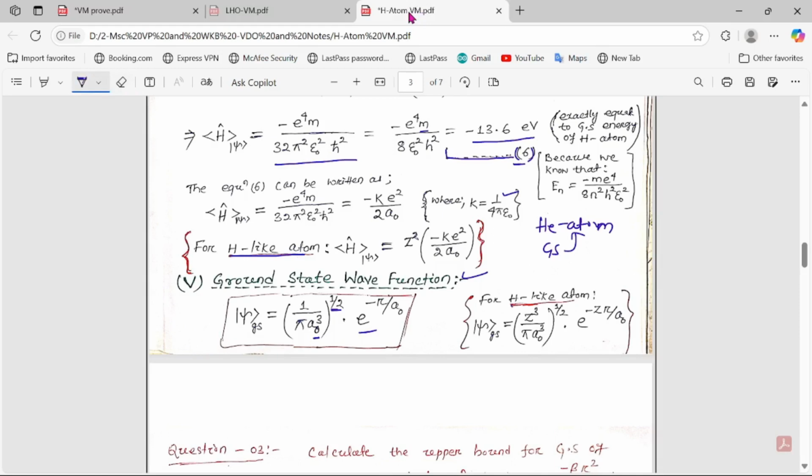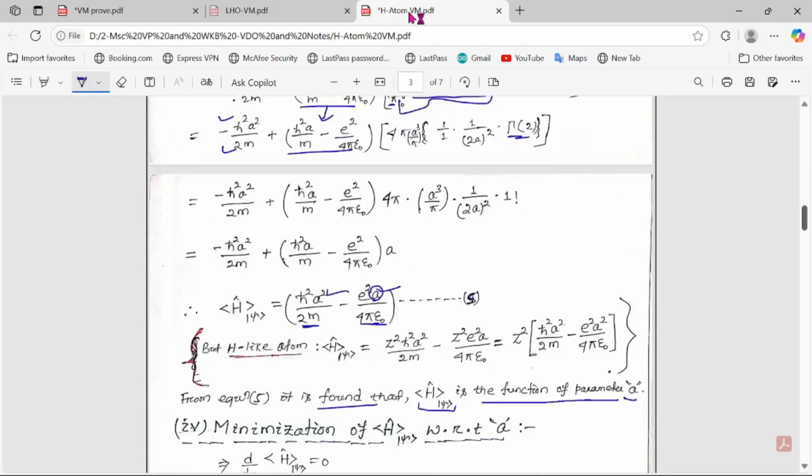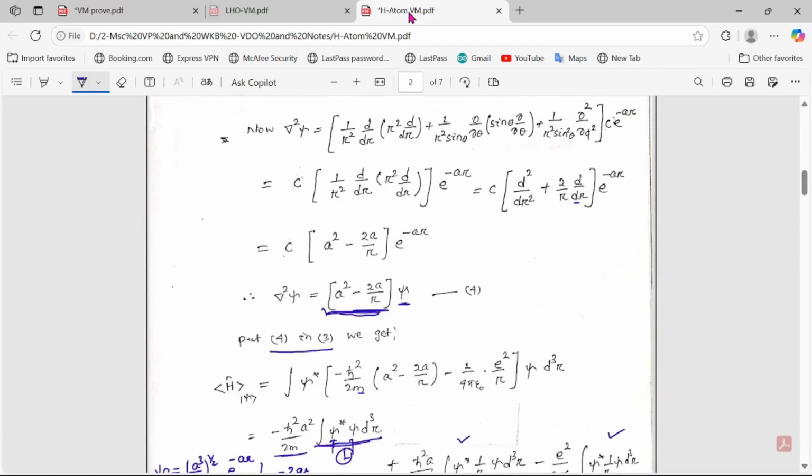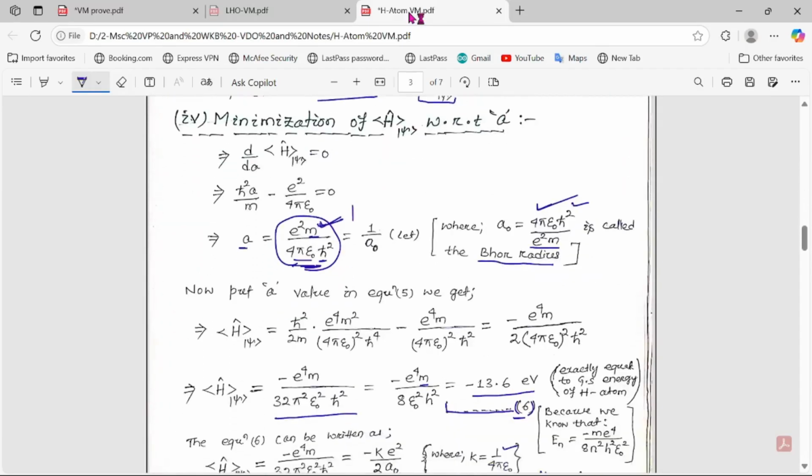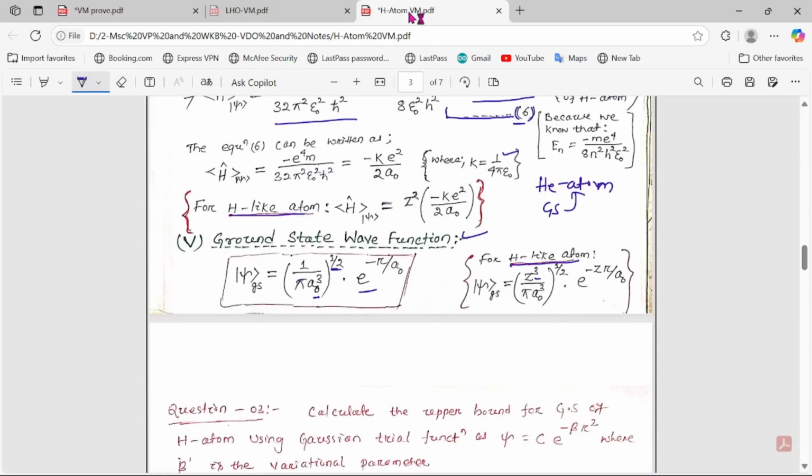For a hydrogen like atom, what will it be? Here z cube will come up. For the hydrogen like atom wave function, instead of a we put 1 by a naught, so this will be z cube by a naught cube pi to the power 1 by 2 into e to the power minus z r by a naught.